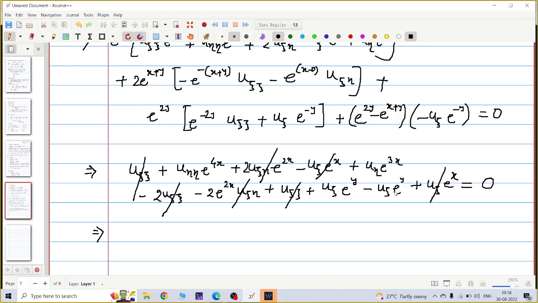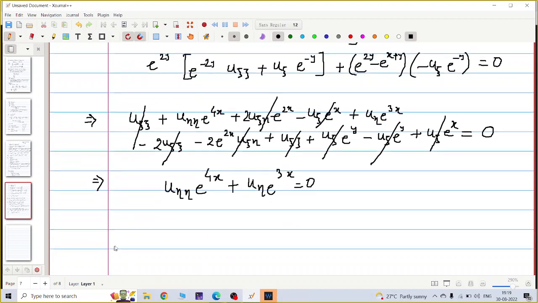Any other term? u_xi e power y and u_xi e power minus y, this term also cancels out. So I got what as the remaining term? The remaining terms are u_eta eta e power 4x plus u_eta e power 3x equal to 0.